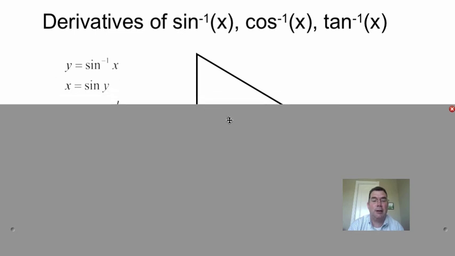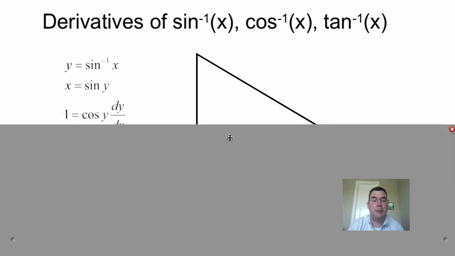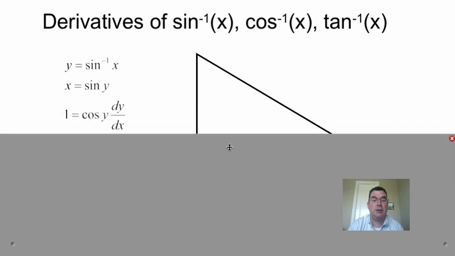And then from here, I'm going to do implicit differentiation, which we have done before, taking the derivative of everything with respect to x. So the derivative of x is just 1. The derivative of sine y, I have to use chain rule again. First take the derivative of the sine part, and the derivative of sine is cosine of y.